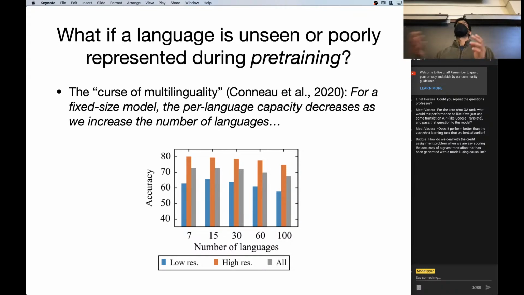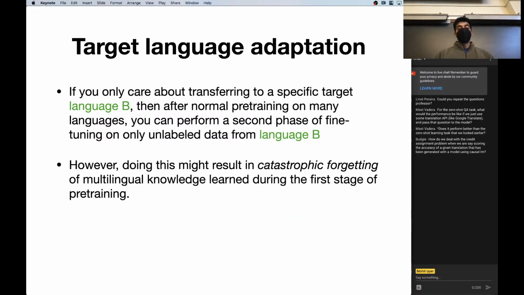Here the model is specialized to Korean, but if we do this for too long, then the model will probably forget a lot of the stuff it learned from the other languages. So there's probably some middle ground in which we want to stop this second pre-training phase. That is this catastrophic forgetting problem: if we keep pre-training in Korean, then we probably will forget everything else.